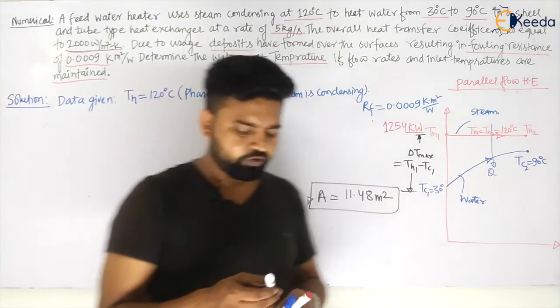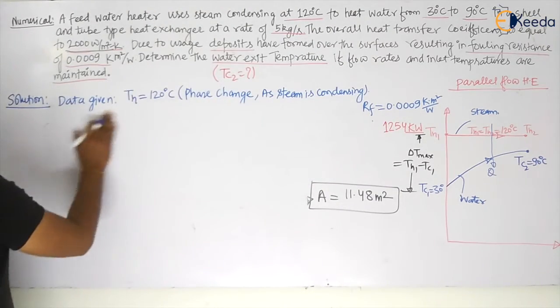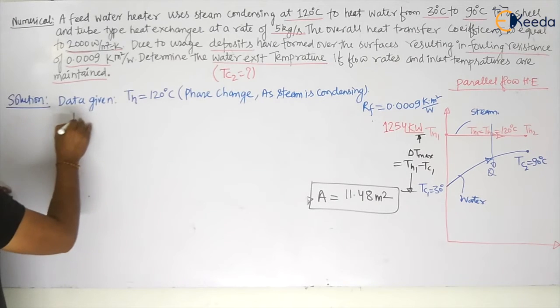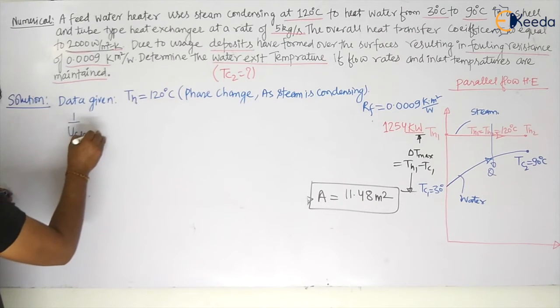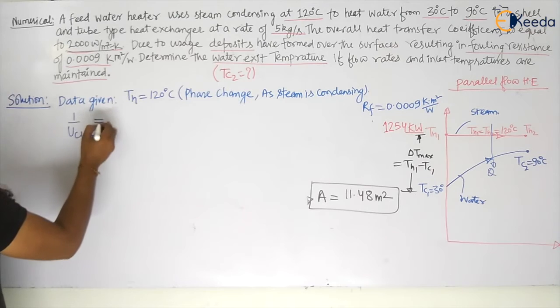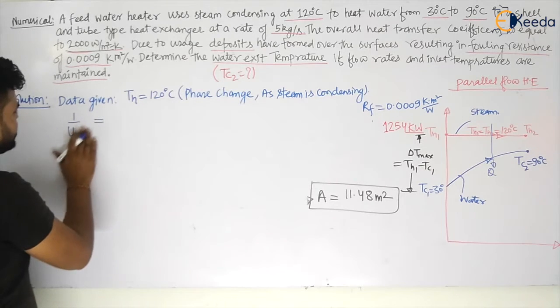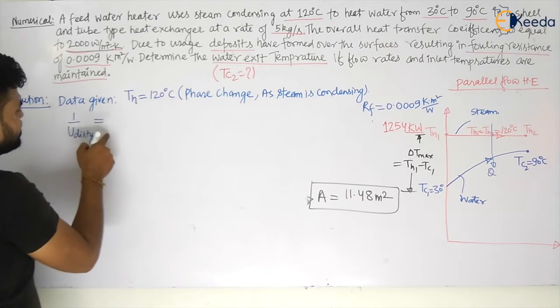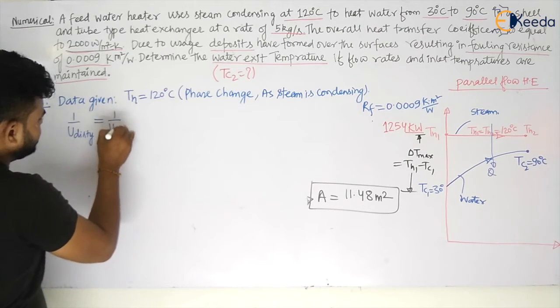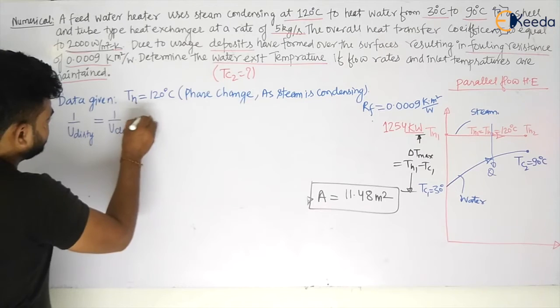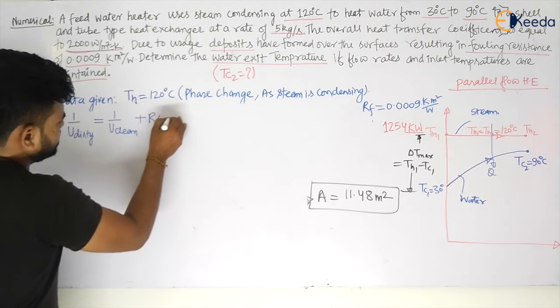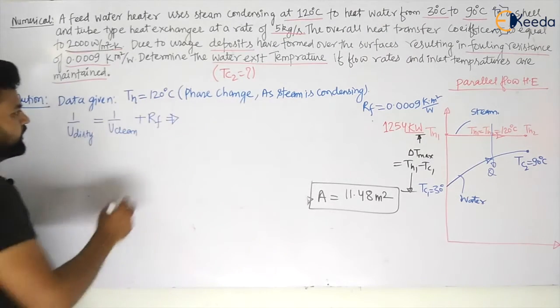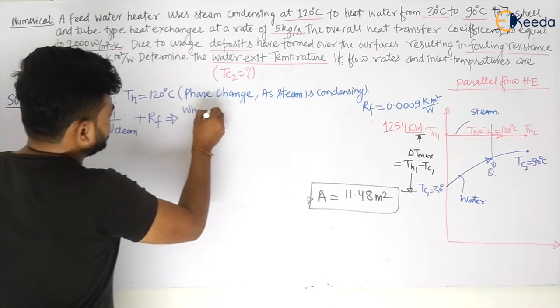And how? We know that fouling is given by 1 upon U dirty is equal to 1 upon U clean plus RF, my dear students. Okay, now that is when fouling is occurring.